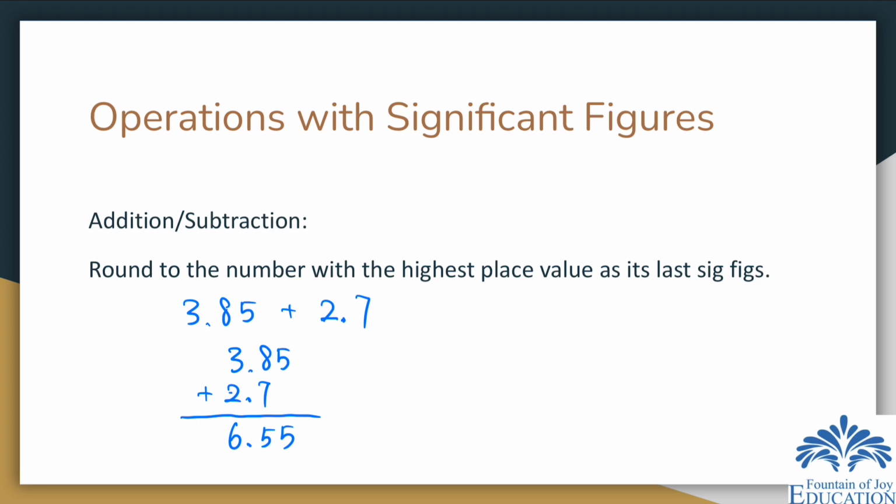Therefore, when we round the final answer to the correct number of sig figs, we have to follow this highest place value as the last sig fig, which is this 7 in the 10th place. Therefore, the final answer needs to be rounded also to the 10th place. So the final answer, when we round it to the right number of sig figs, is equal to 6.6.